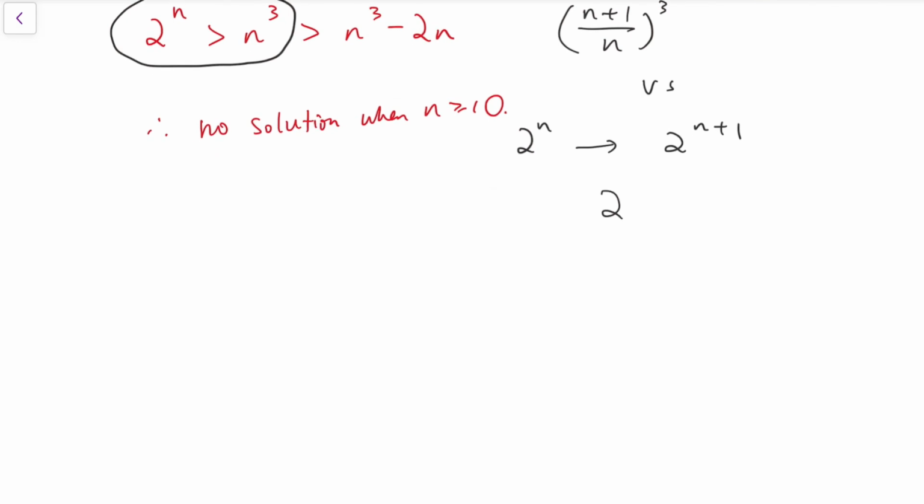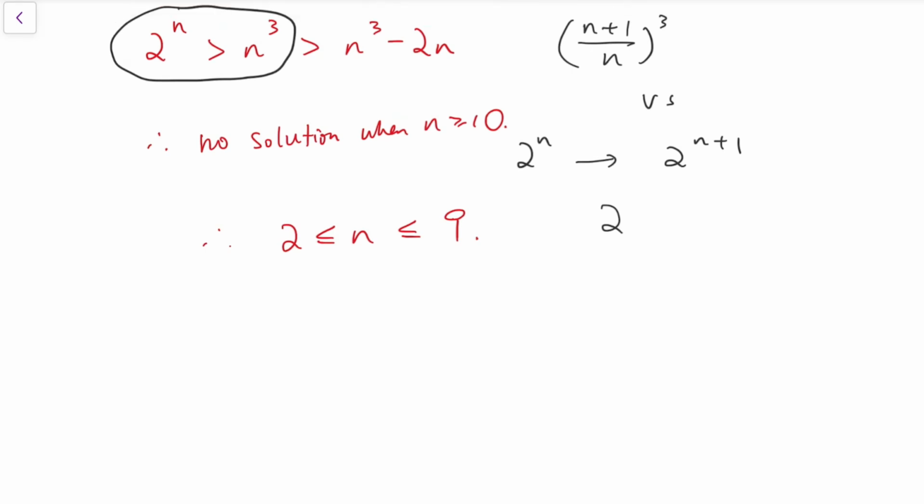So there are only a few possibilities left, which are n between 2 and 9. So we can test them one by one. When n equals 2, the fraction would be n cubed minus n, so 2 cubed minus 2, all divided by 2 to the power n plus n, so it's 2 squared plus 2, which is 1, a take.